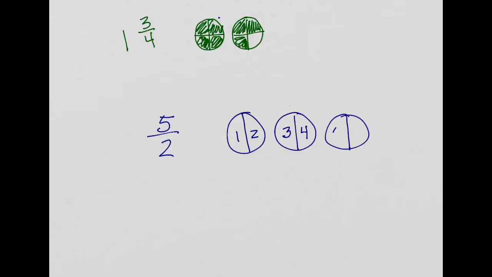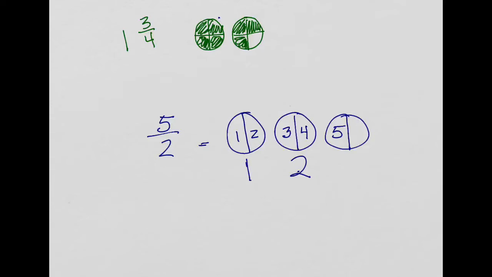I have to have another one, this is 5. Okay, that's 5 halves. Remember, these are wholes. This whole and that whole is 1 plus 1 is 2.